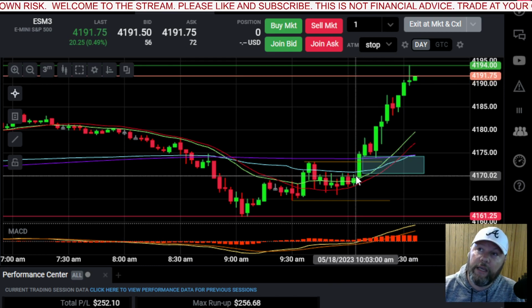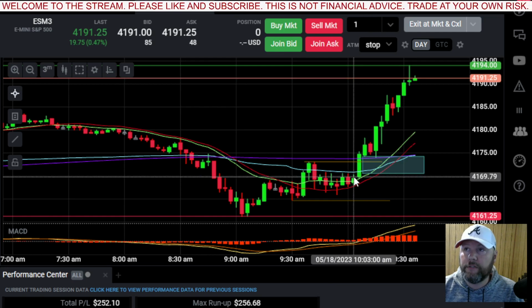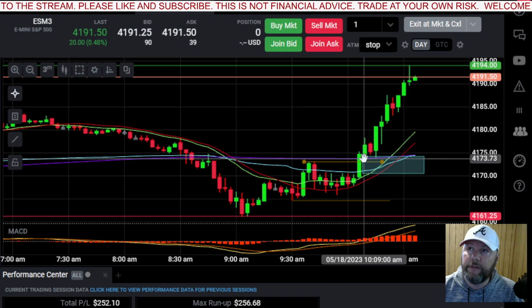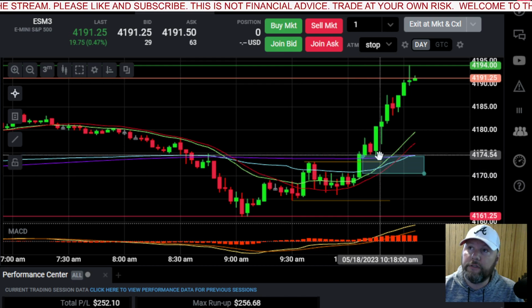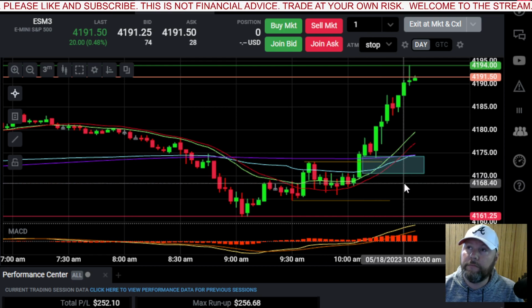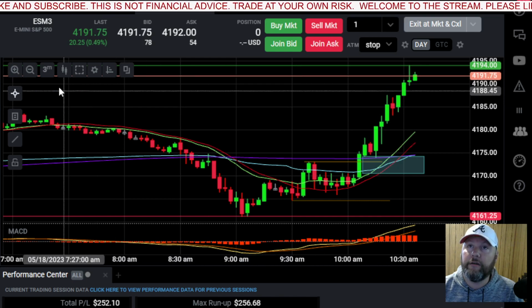A fair value gap is simply the top of the first candle, a middle candle, and the bottom of the third candle. If there's a gap between the top of the first and the bottom of the third, then that's a fair value gap. What you would be looking for is for price to trade back into the gap and continue higher.